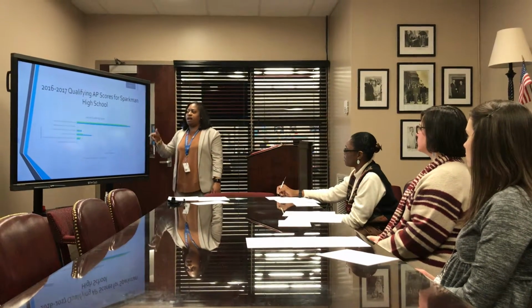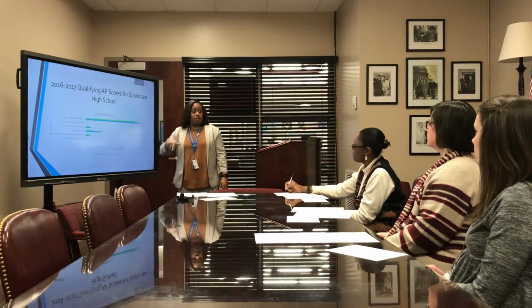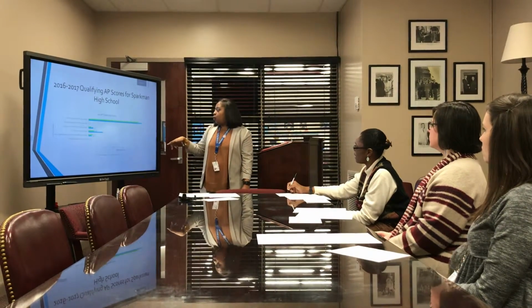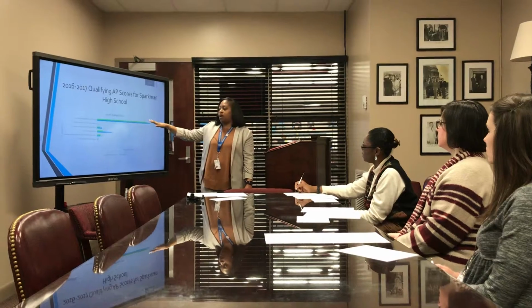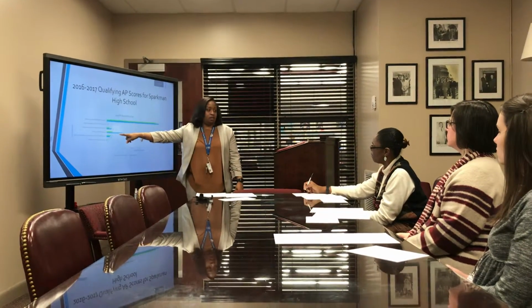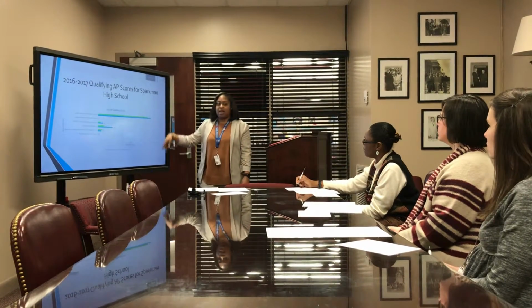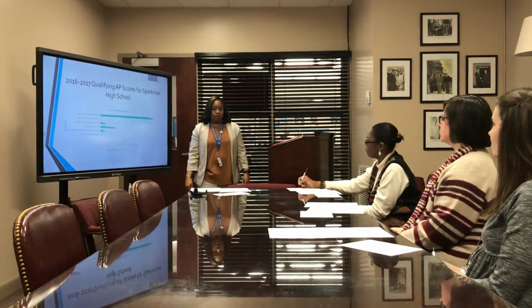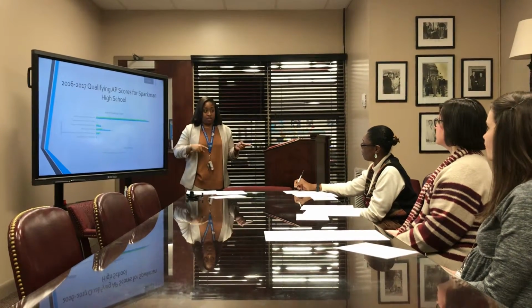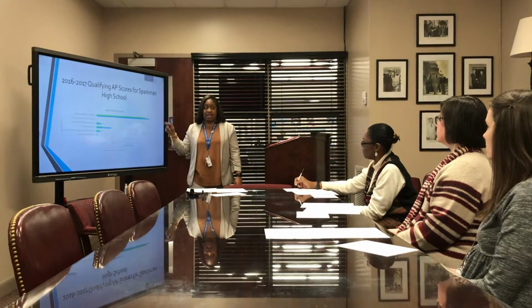Now in 2016-17, and this was the year before I actually came here, we had 317 qualifying scores for white students, and then only 36 qualifying scores for African American students. The percentages were 79% and 9%. So again, that first percentage was 80% and 8.6, and the second one is 79 and 9.